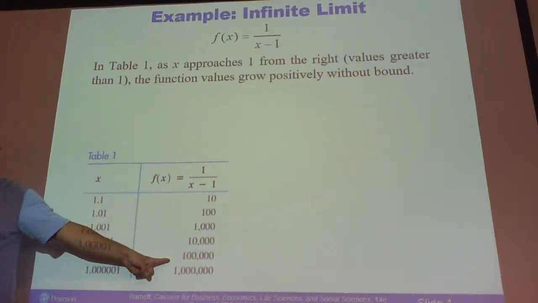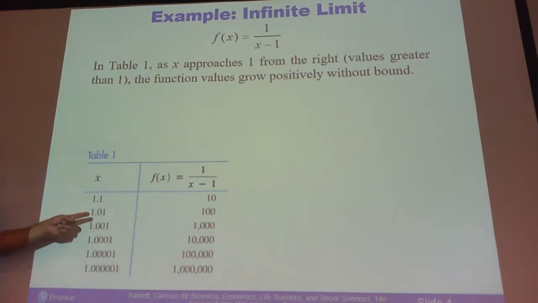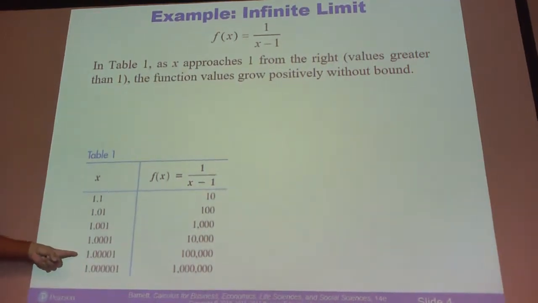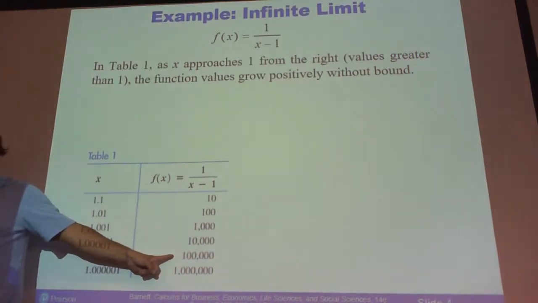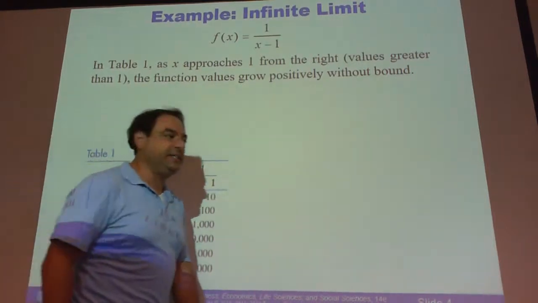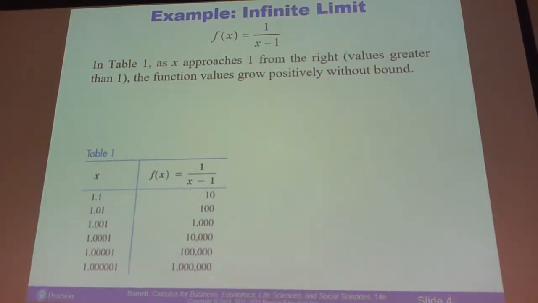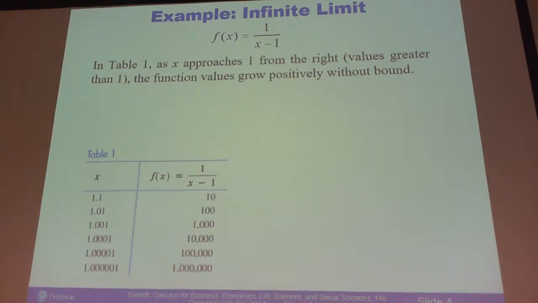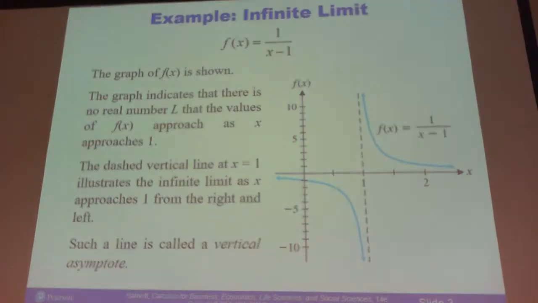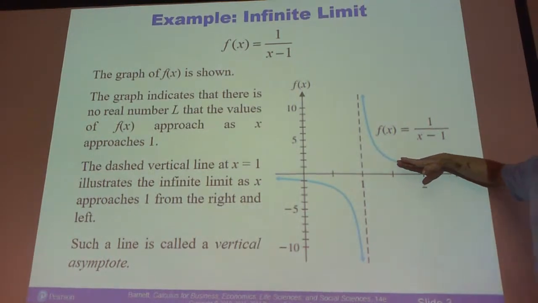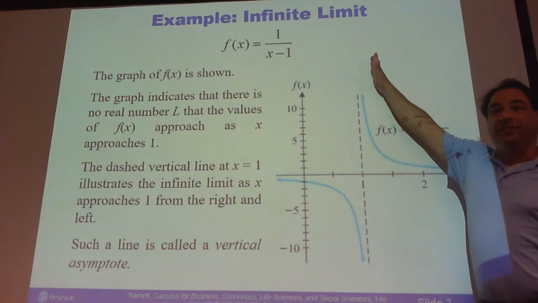Very big. As we're getting closer and closer to 1, it's getting very big. It's actually approaching infinity. Is this going to positive infinity or negative infinity? Positive infinity. So from the right, I can estimate it's going to positive infinity.